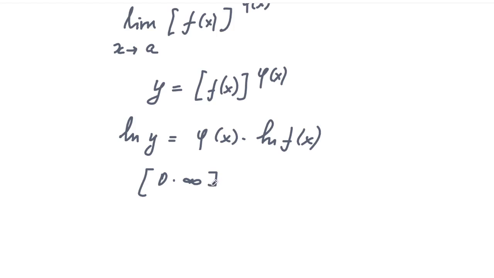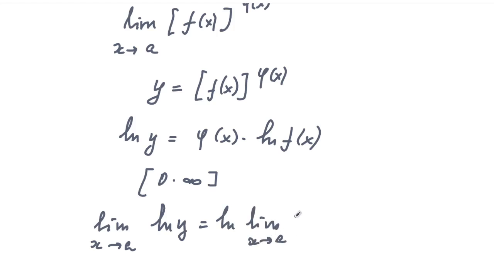Indeed, by virtue of the continuity of the logarithmic function, limit as x approaches a of natural logarithm of y is natural logarithm of limit as x approaches a of y.